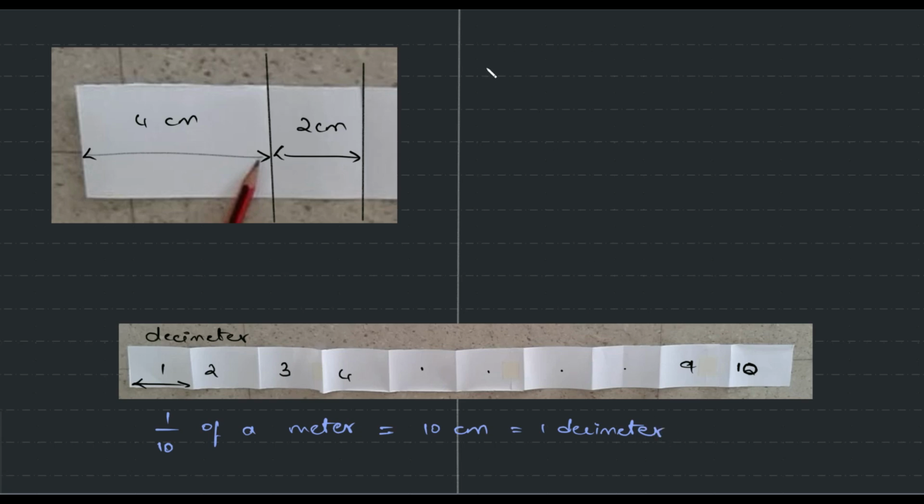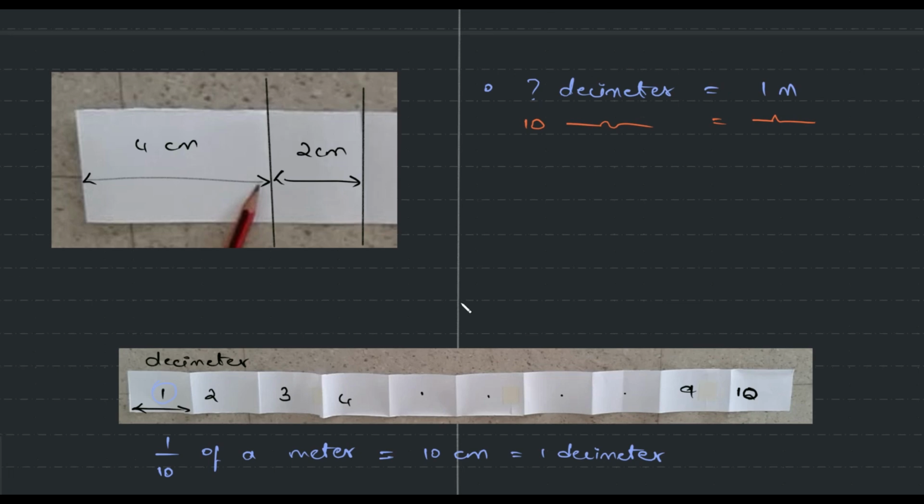A quick question to you guys. How many decimeters, as per this diagram, make up 1 meter? Remember, one of these is a decimeter. So 10 decimeters make up 1 meter. Do you agree?